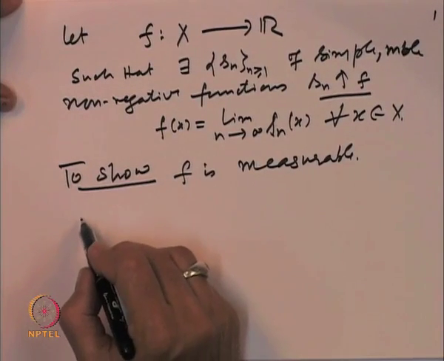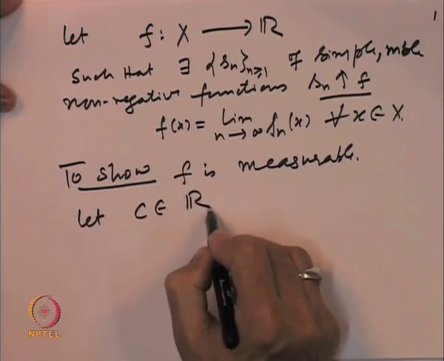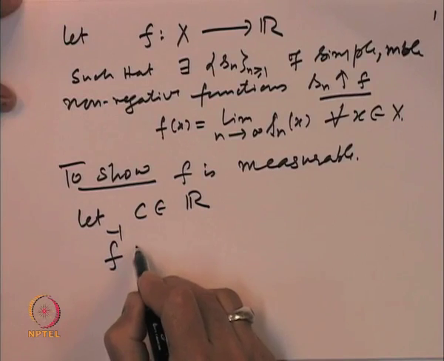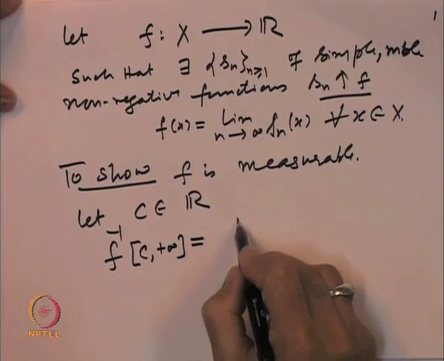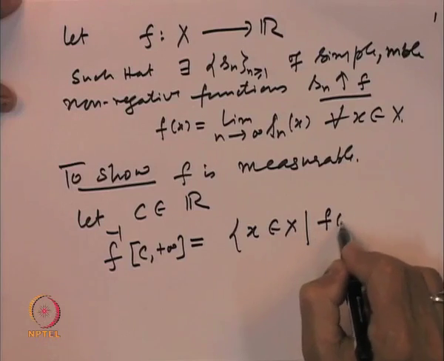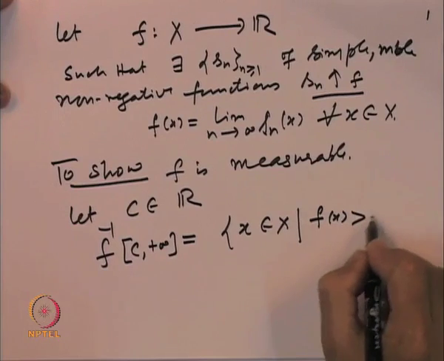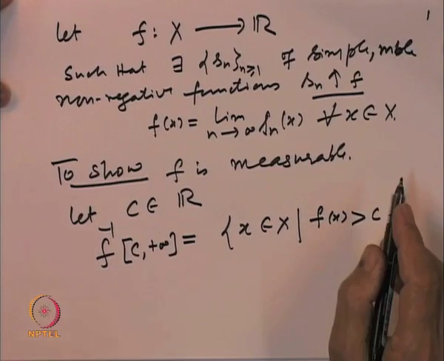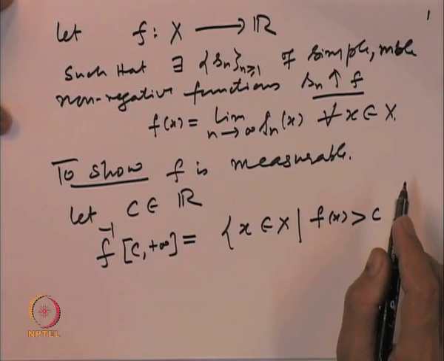Now, let us let C belong to R, and let us look at the inverse image of the interval C to plus infinity. What is that? That is all x belonging to X such that f of x is bigger than C.